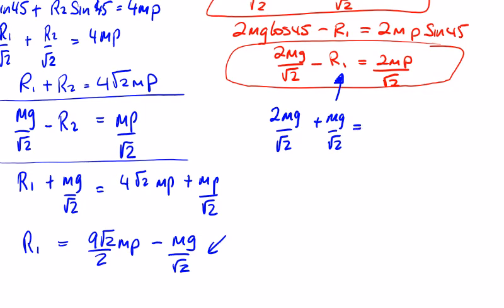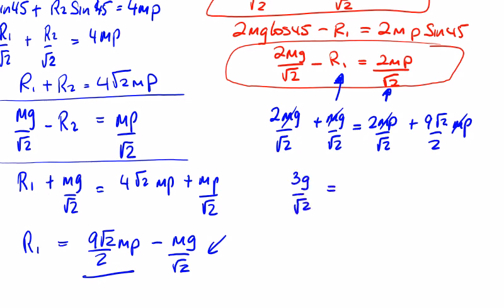But maybe just bring that to the other side and write 2mp over root 2 this one, and I'm bringing the minus version of this over, so plus 9 root 2 over 2 mp. So cancel my m's. So I get 2g over root 2 plus 1g over root 2 is 3g over root 2. And that's going to be equal to 2p over root 2 plus 9 root 2p over 2.